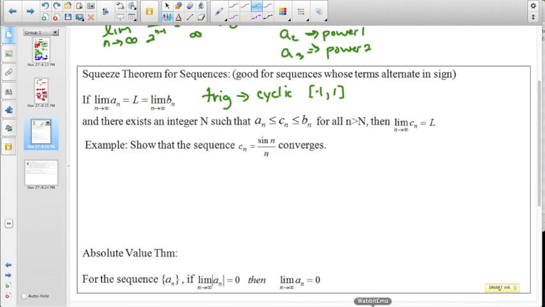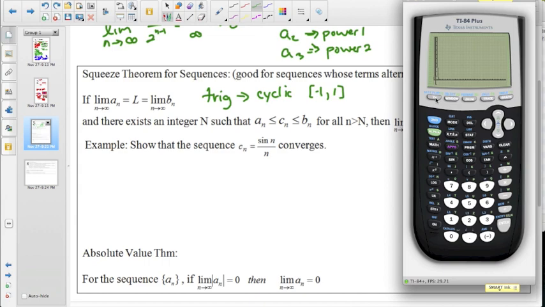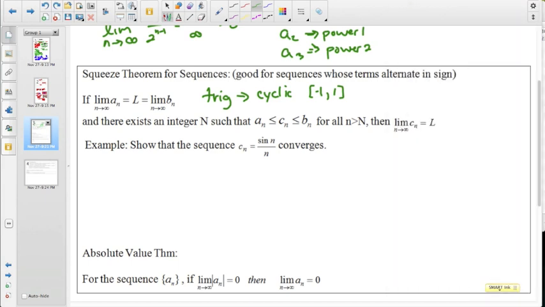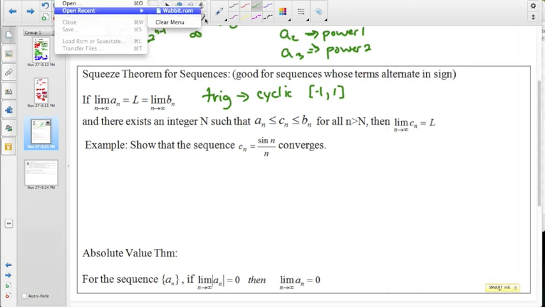And so if we get the calculator out again, we just graph this, since we can look at the function notation.